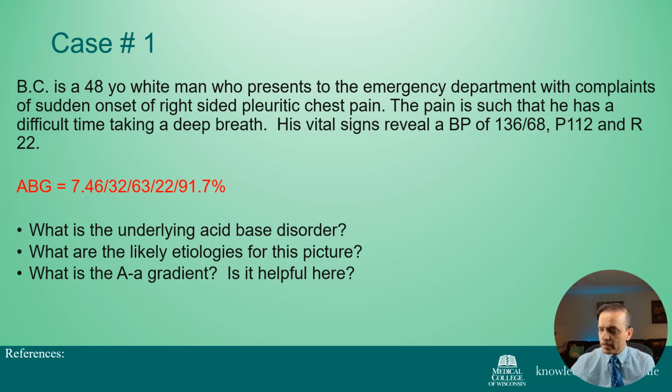So as you can see here, pH is 7.46, so high pH, and then carbon dioxide is 32, so it went down by 8 from 40. So let's multiply that by 0.008, sorry.